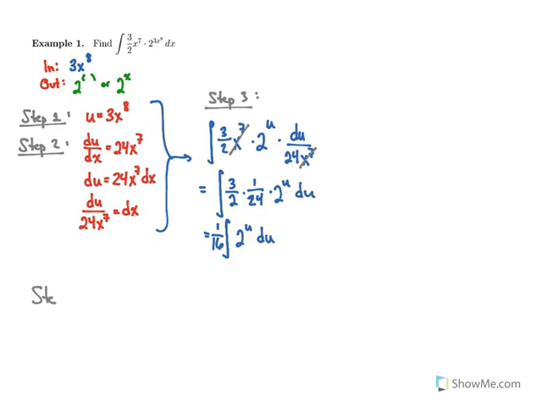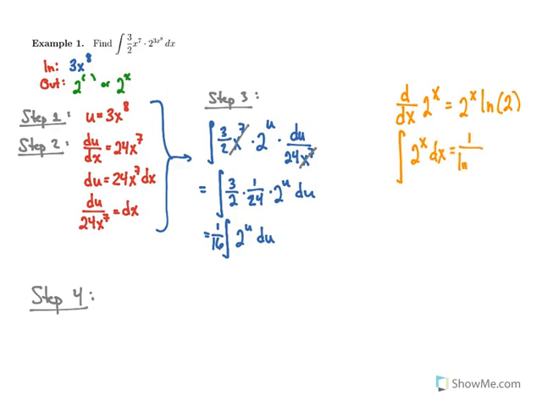So step 4 here is actually take the antiderivative. Let's remember that the derivative of 2 to the x is 2 to the x natural log of 2. So that means that the antiderivative of 2 to the x is going to be 1 over natural log of 2 times 2 to the x, in order to make sure that constant cancels out.